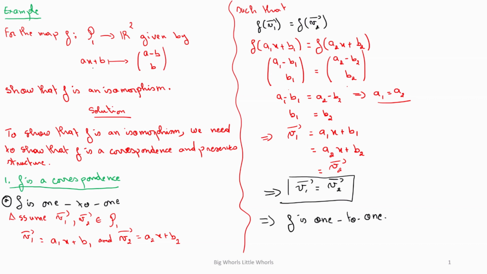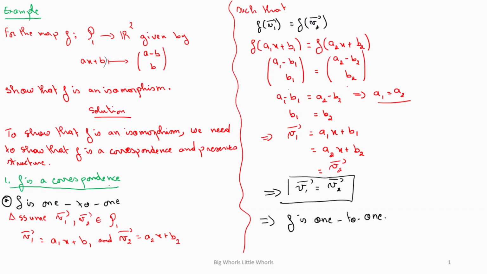This is the question. We have been given a map, and this is our map. It turns a degree 1 polynomial into a two-dimensional vector.